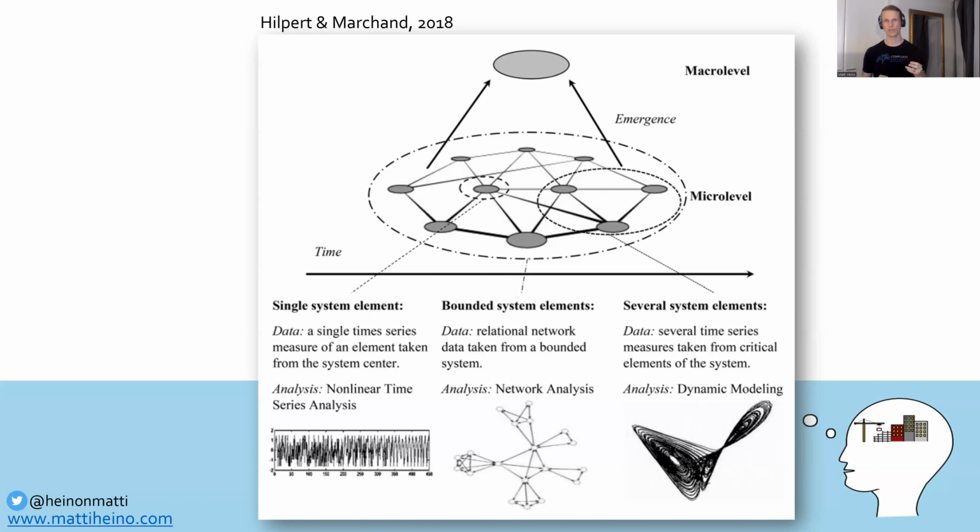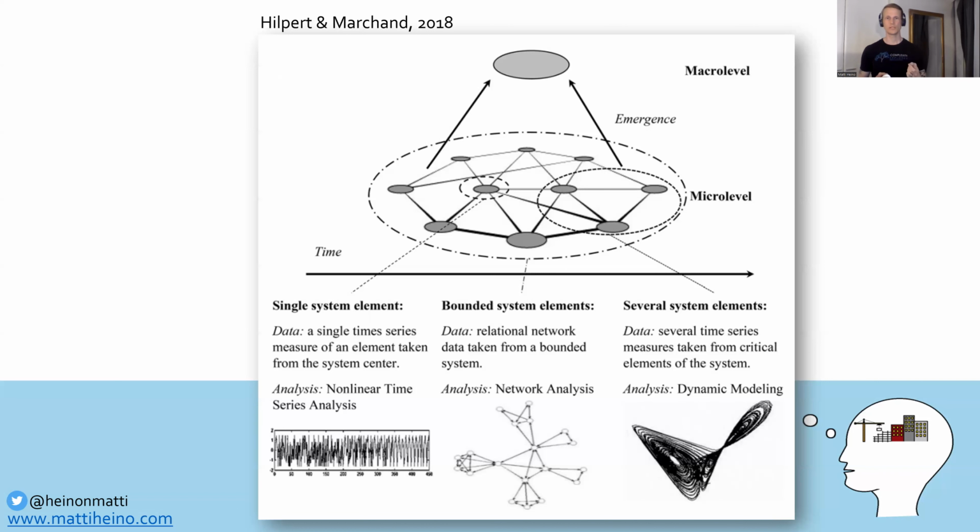And then you can take these different components of the system, do several time series, and look at the dynamic modeling. What I've used in a couple of my papers has been something called recurrence network analysis, which takes several of these variables and looks at how they recur in time.